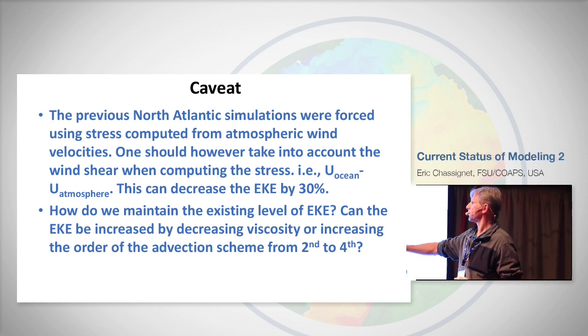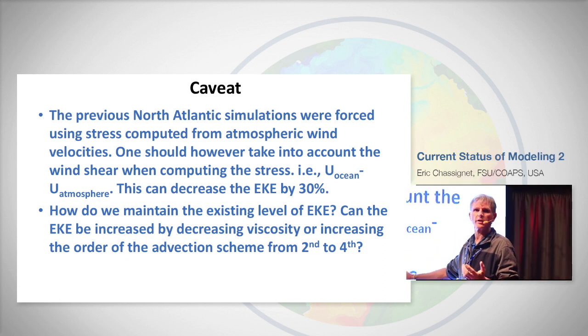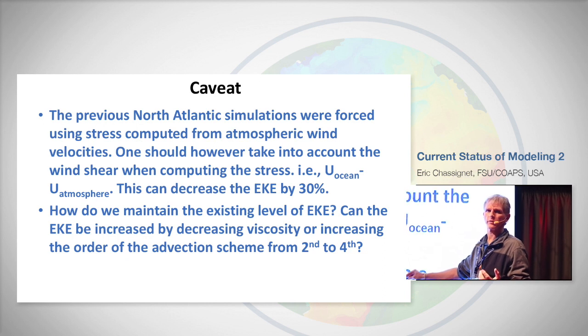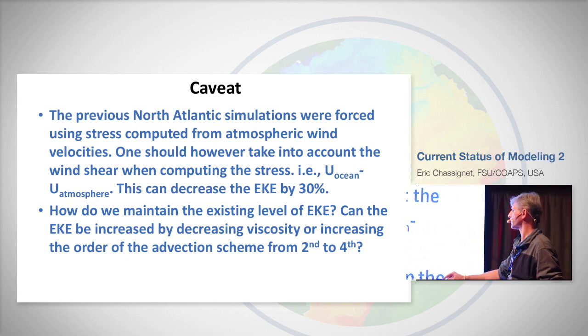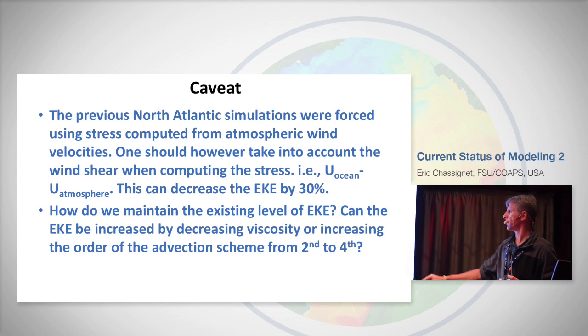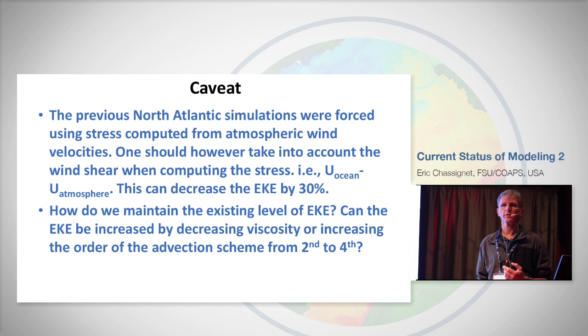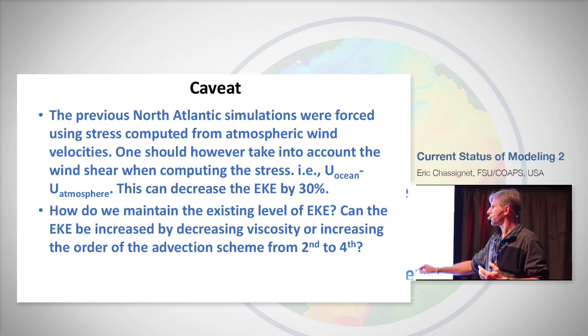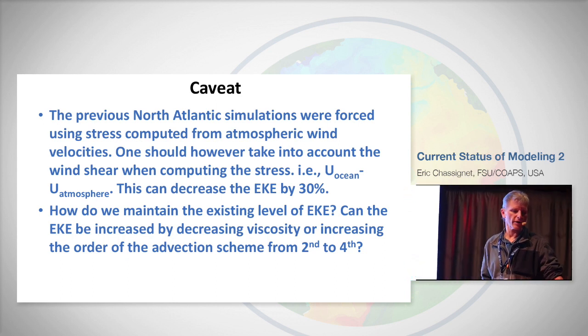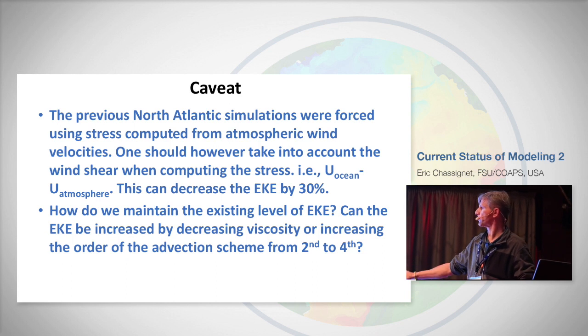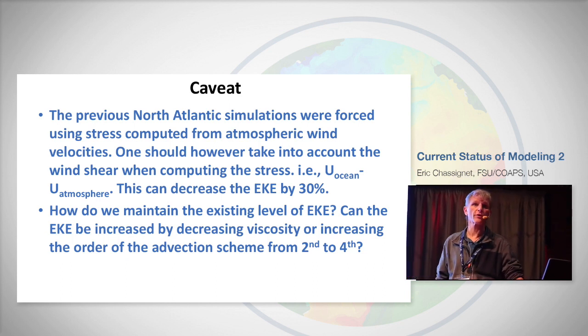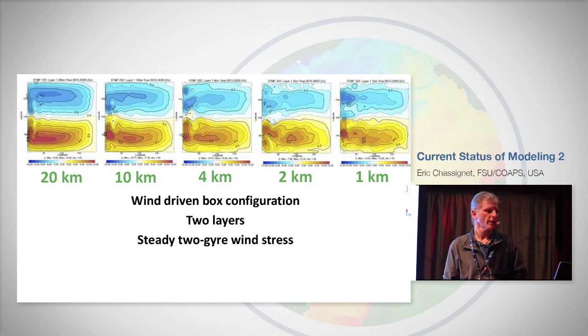So that prompted us to ask, how do we maintain the level of EKE that we have at 1/50th of a degree? Or how can we increase the EKE by increasing viscosity or increasing the order of the advection scheme? We know to some extent how to increase the level of EKE, but then it also decreases the realism of the simulation. So here we go.